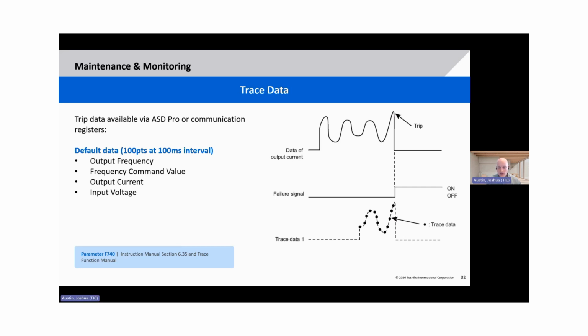So that increase in monitoring data gives you a lot more insight into the behavior or operation of the system before the trip occurred. And ideally, that will help you lead to troubleshooting and preventing future trips from occurring.